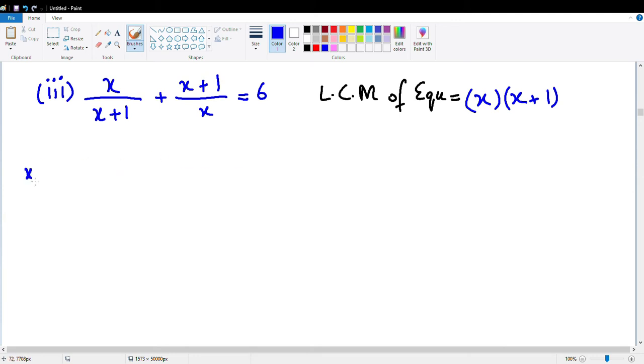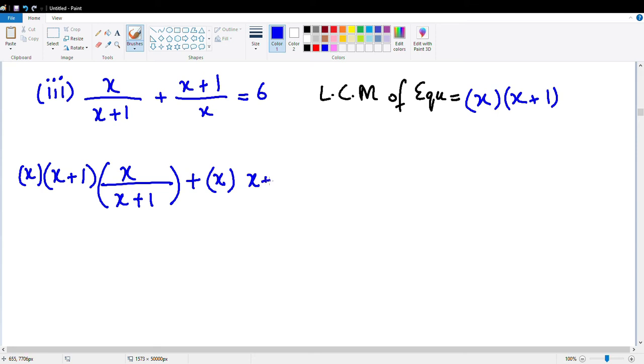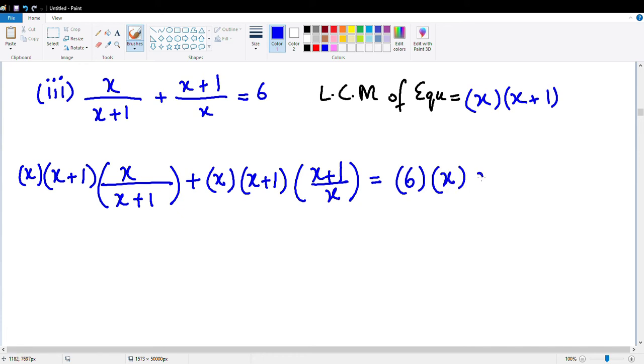So we have x into x plus 1 into x over x plus 1 plus x into x plus 1 into x plus 1 over x equals 6 into x plus 1.